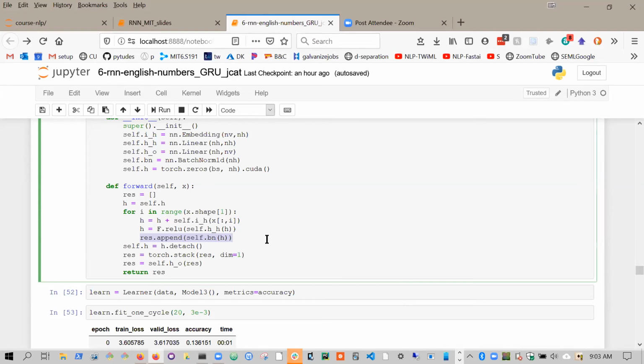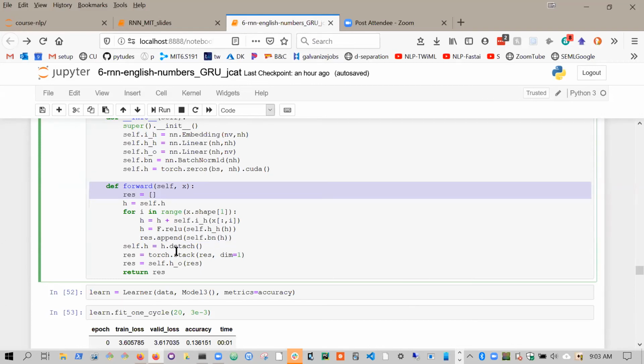So at the end of each line, you compute the hidden state. You want to carry forward that hidden state, but you don't want to carry forward the hidden state with all of its derivatives with respect to the first line. That's why you detach and say, just give me the values.